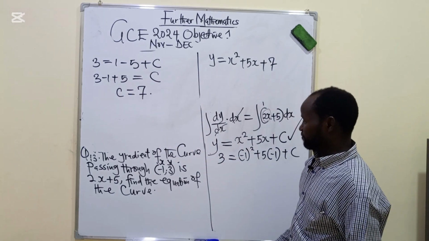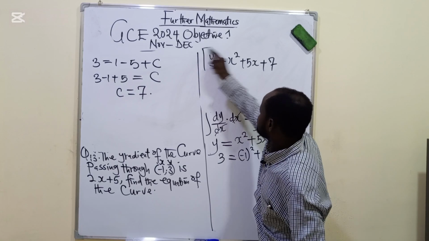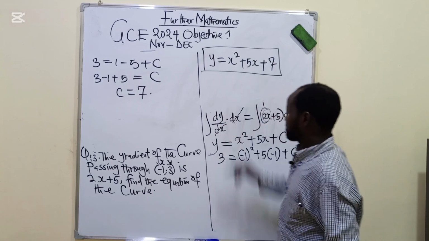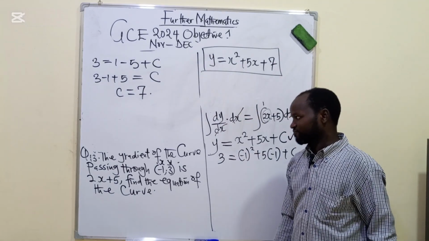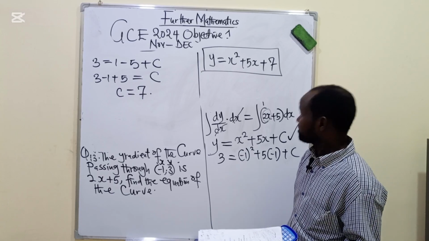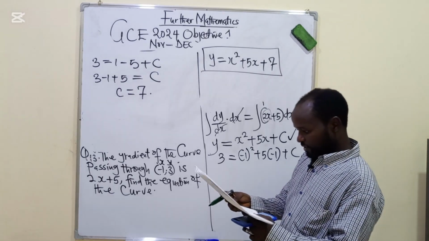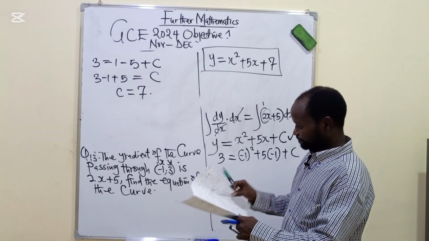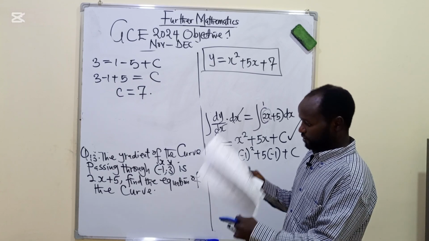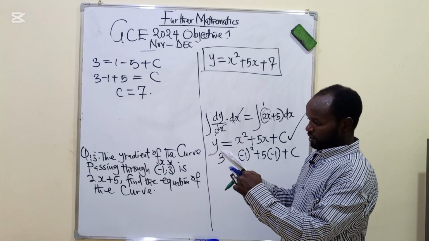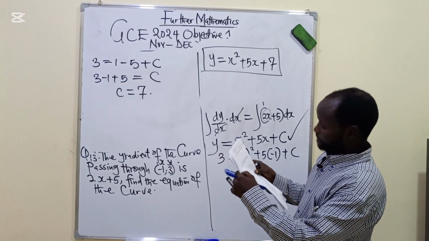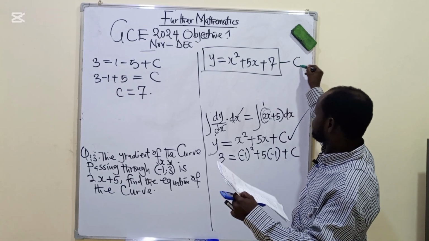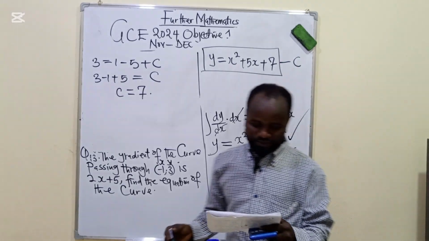So the equation of the curve is nothing but this equation, and this is a quadratic curve. Very important. Okay. The final or the correct option here from question 13 now is nothing but option C. So this is the solution to question 13.